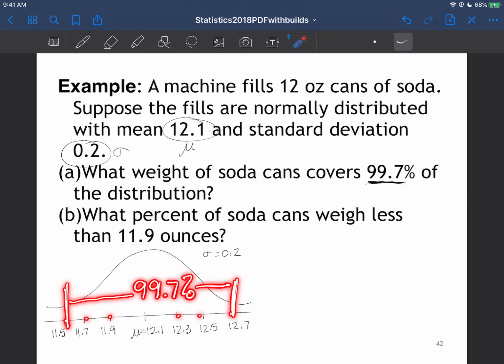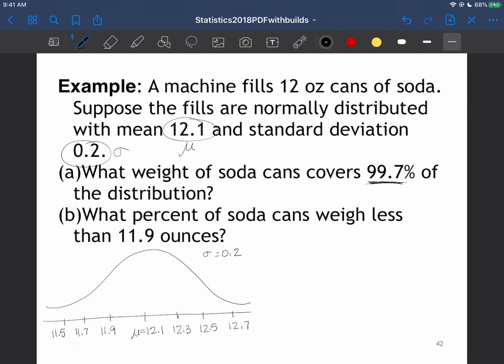All right, so what weight of soda cans covers that? 11.5 to 12.7. So 11.5 to 12.7 ounces.